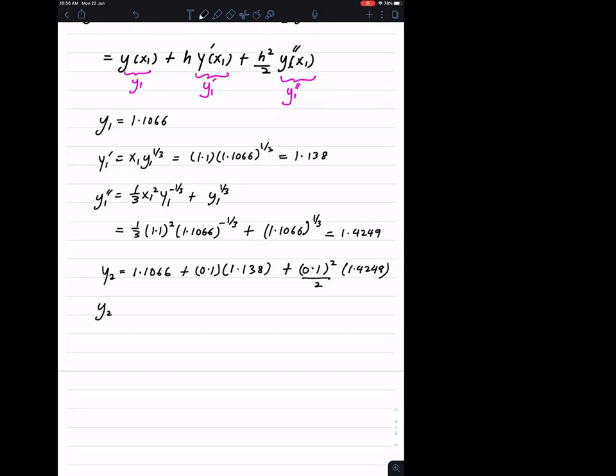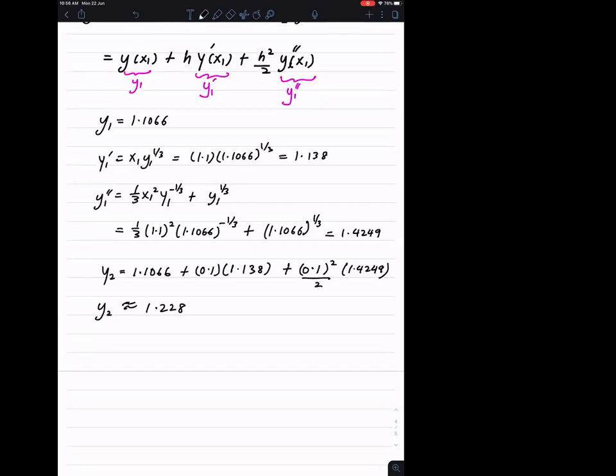We calculate y2 is approximately, to 3 decimal places, 1.228 to 3 decimal places.